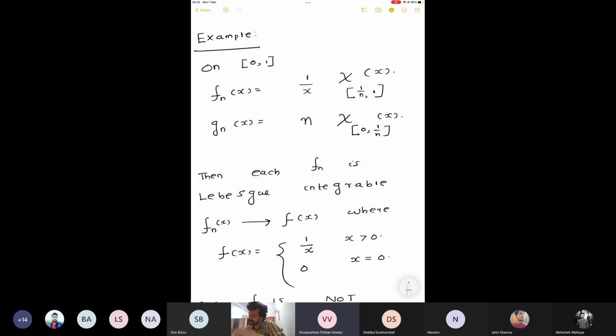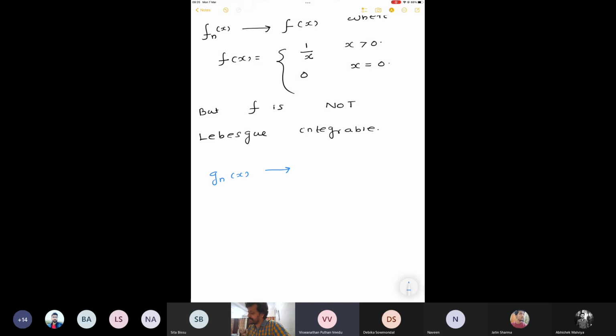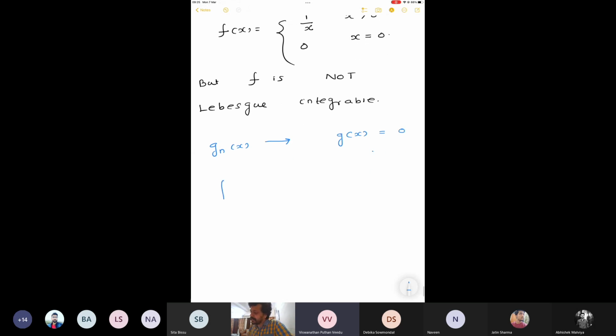The zero function. g_n(x) converges to g(x), where g(x) is equal to 0. And the integral of g_n, I will take these examples once again in the next class. This is going to be our starting point in the next class. The integral of g_n dm, not dx, dm.